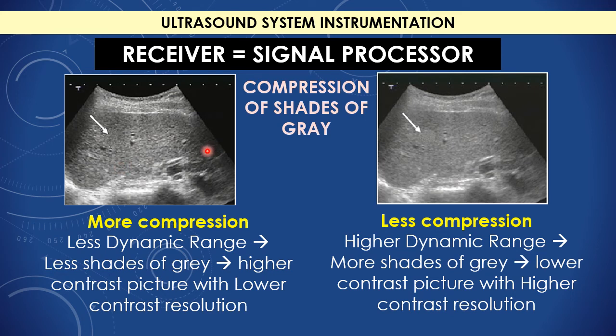They are labeled the opposite, but they mean the same thing, which is the contrast resolution of the picture. In some brands I've seen that they put the word compression as if it is dynamic range. Actually, compression is inversely related to the dynamic range. All right.